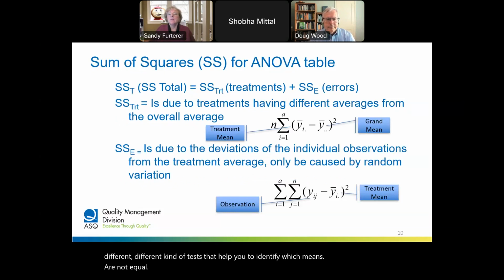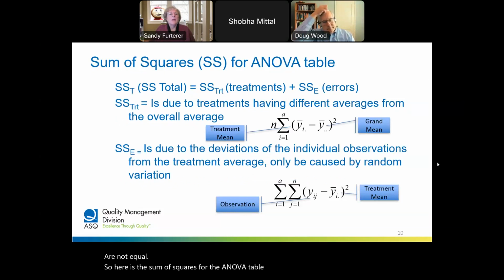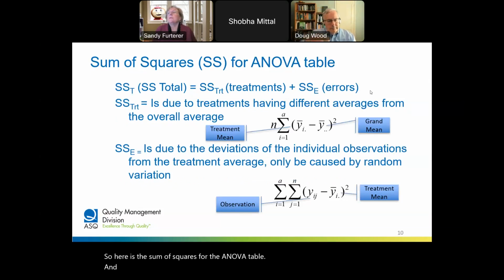So here is the sum of squares for the ANOVA table. We had talked earlier about partitioning our sum of squares, which is our variance. For this single factor, you have the total sum of squares, which consists of your treatment variance and your error variance.